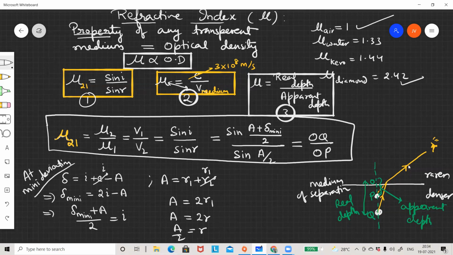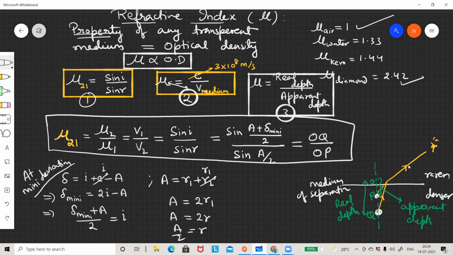Ma'am, could you re-explain that A by 2 is equal to R derivation? Yeah, actually, you see at minimum deviation I've written it. When I come to the glass prism, I will tell you what the deviation is and what minimum deviation is.